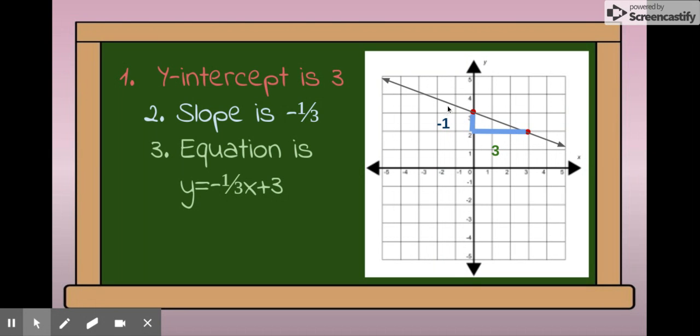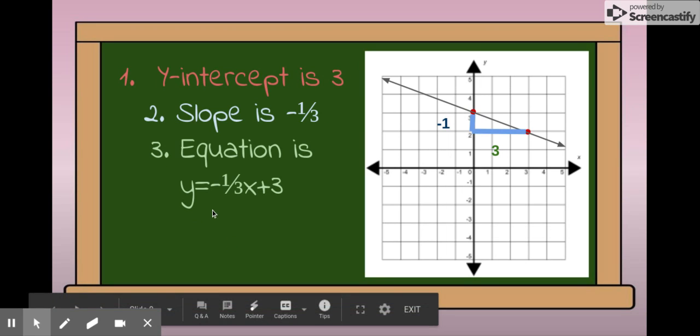And write that as a fraction, your rise over run. So -1 is your rise, and then over 3, which is your run. That's your slope. And then our third step is to plug these values into the equation.